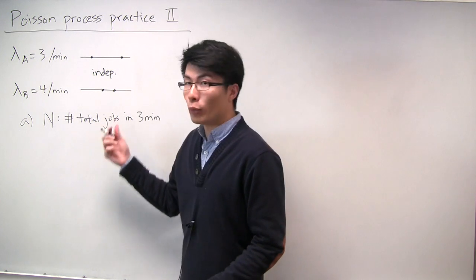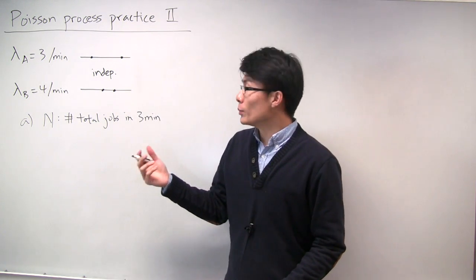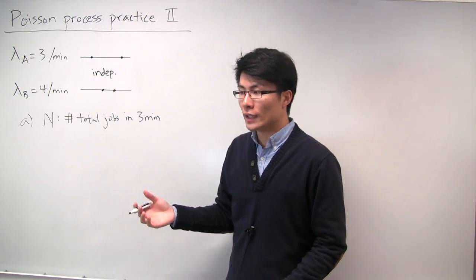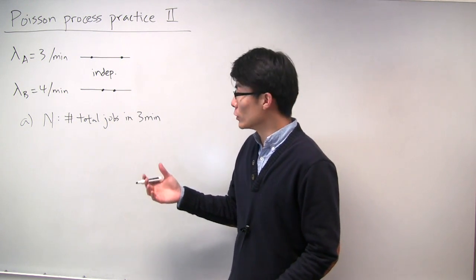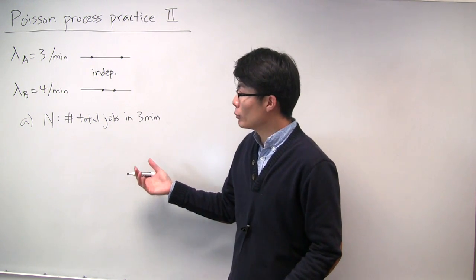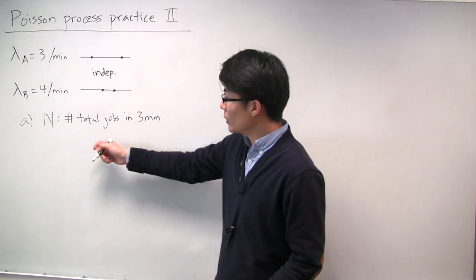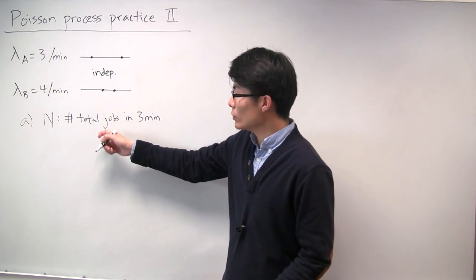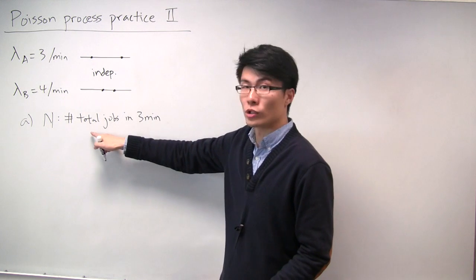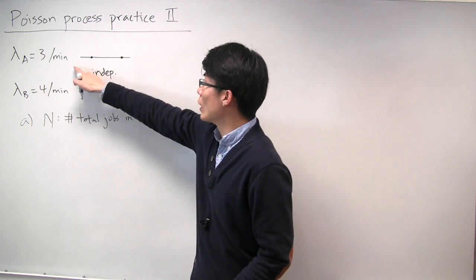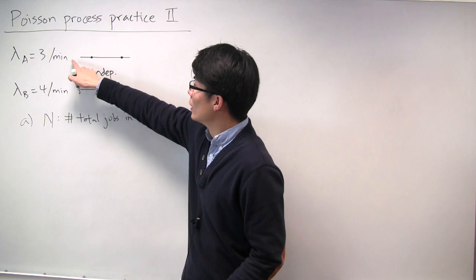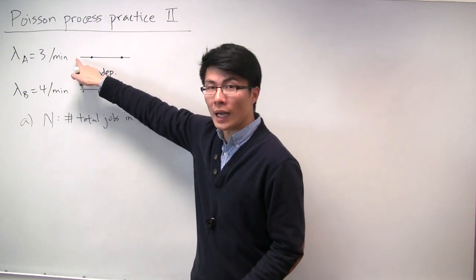We know that for a Poisson process, the distribution for the number of arrivals in any given time interval tau is given by a Poisson distribution. But we have to do a little bit more in this case because we're looking for the number of total jobs. And here we're only given Poisson processes for the individual types of jobs.